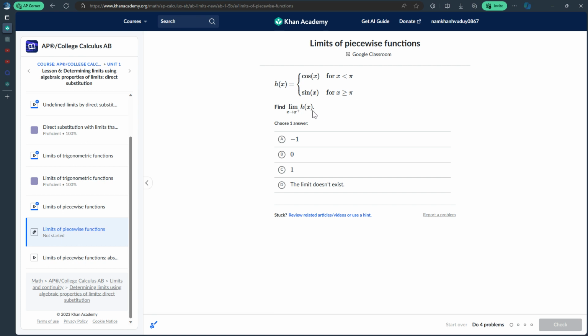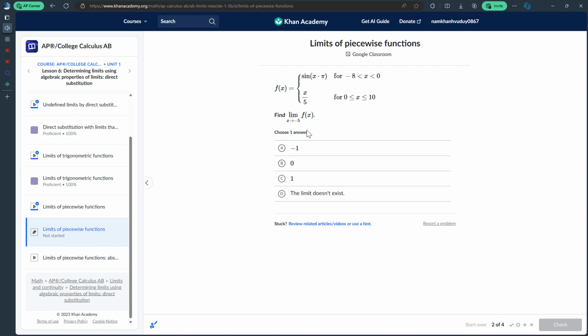So first thing, the x is pi plus, so larger than pi. Okay, so it's asking this. So sine of pi is okay, it's 0. Okay, so we're asking about negative 5.